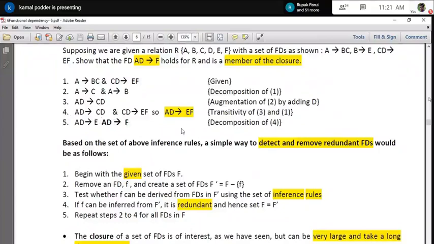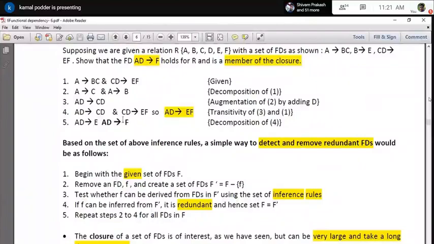Ultimately I am trying to find out the different types of FDs with the help of the given FDs, and ultimately I reach here. So I can say that this particular FD also holds in R. My objective here is not to find out the closure.